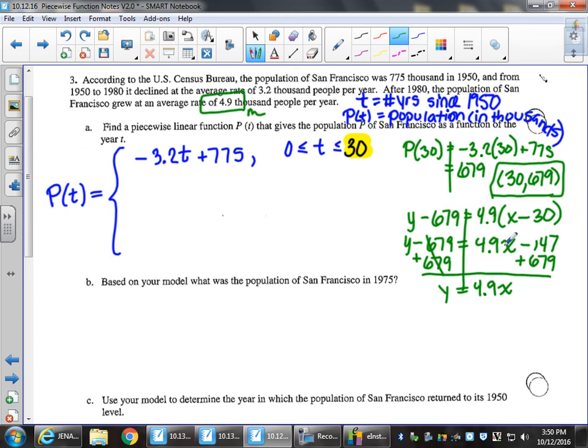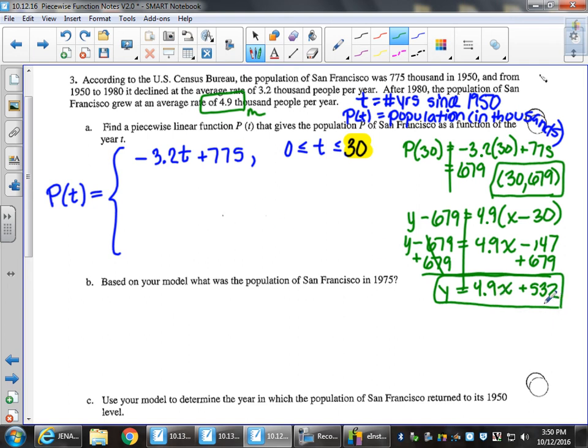Keep typing it into the calculator wrong. That's not helping. 679 minus 147, or negative 147 plus 679 gets you plus 532. This is the expression I need for my next piece.